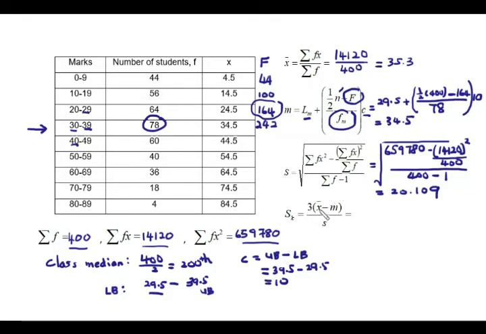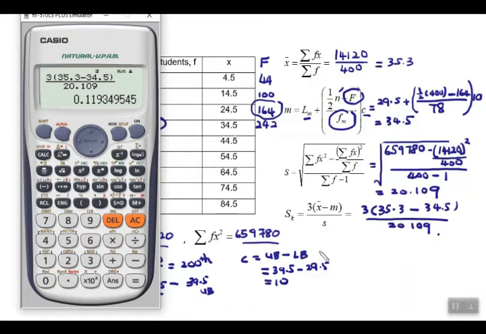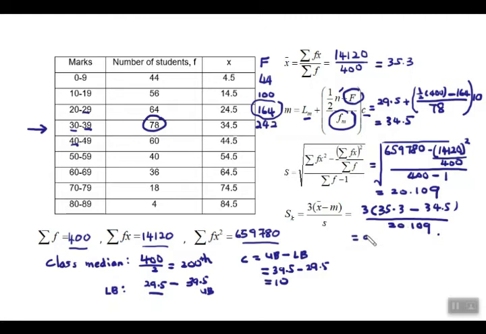Now we carry on to find its skewness. It's 3 times the mean minus the median, divided by the standard deviation. So 3 times the mean, which is 35.3, minus the median, 34.5, divided by the standard deviation, which equals 20.109, equals 0.119.